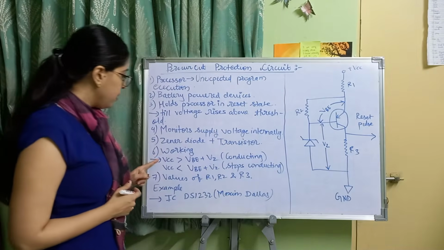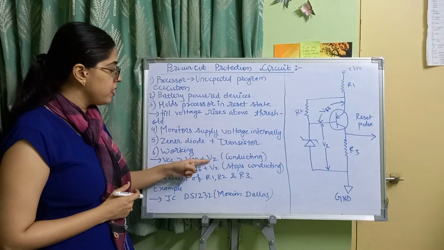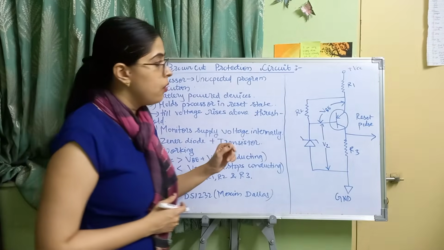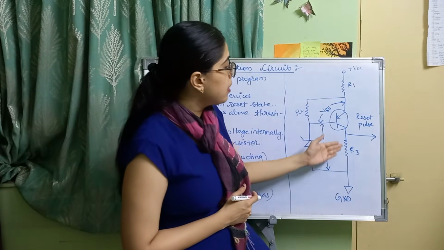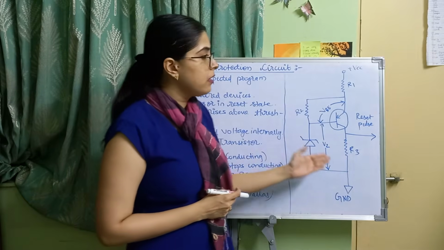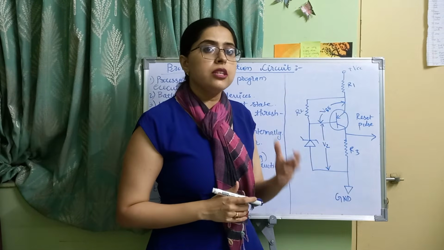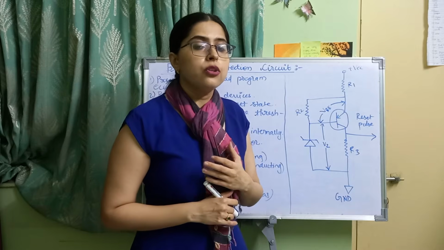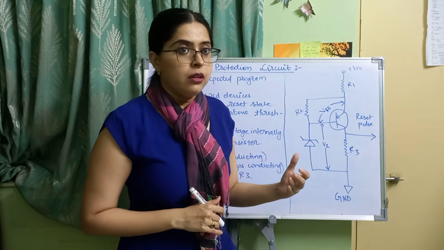See, I have written here, VCC greater than VBE plus VZ, transistor conducting. So when the transistor is conducting, the voltage drop across it is 0, indicating the logic low. Okay, fine.